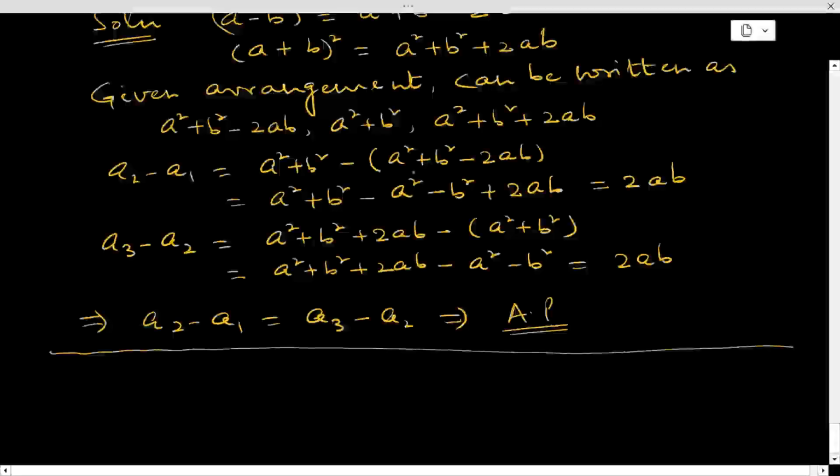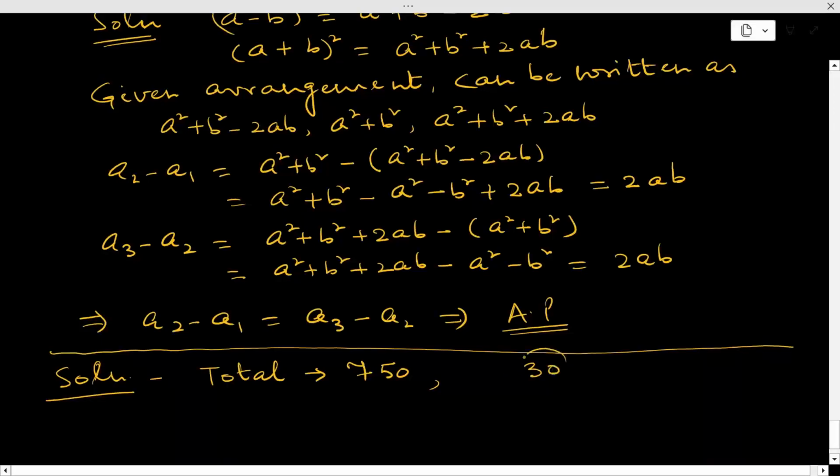So let us discuss the solution of this problem. So the total strength is given as 750. Okay, and students are leaving in a batch of 30.